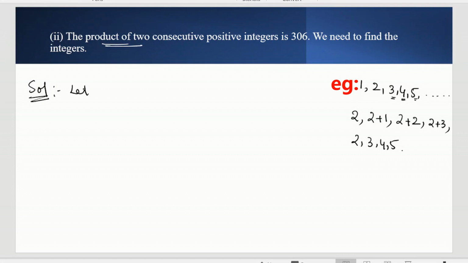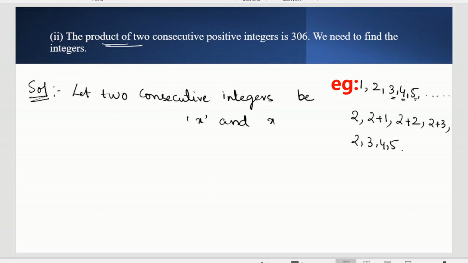So let us assume two consecutive integers to be x and x plus 1. These are the two consecutive integers that we have assumed, right?